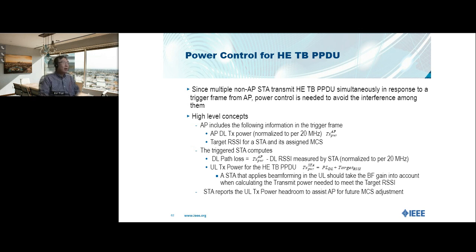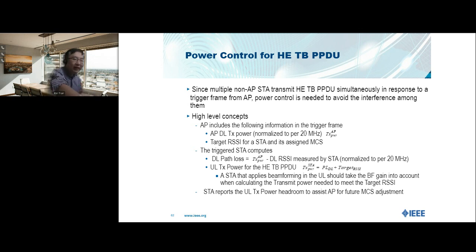So it can compute the downlink path loss. Once it knows the downlink path loss and the target RSSI the AP requires, assuming the downlink and uplink path loss are the same, you sum them together and you get the transmission power. It will use this transmission power to transmit its trigger-based PPDU.